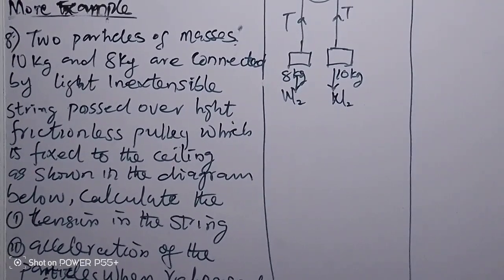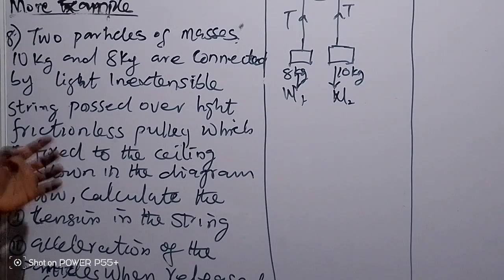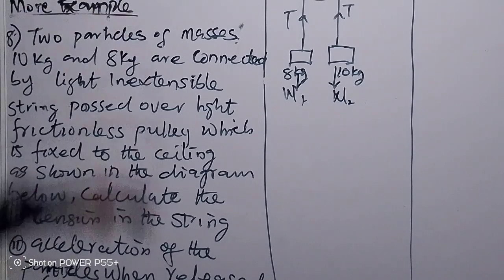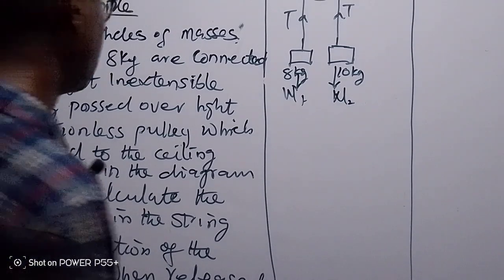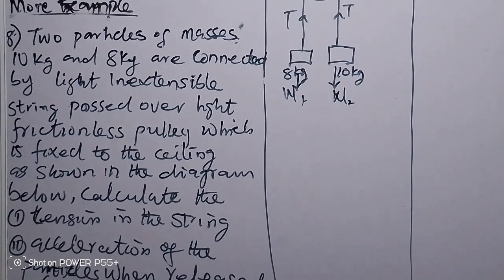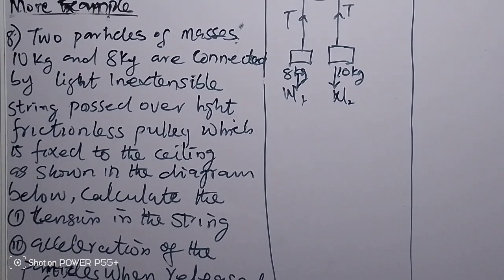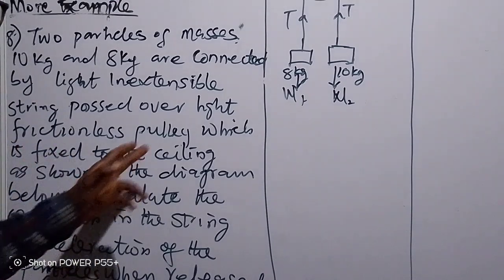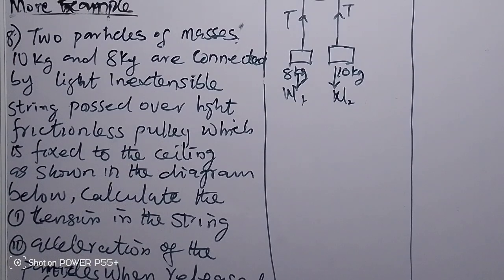Now, let's take this one as example 8. This one will be the last example under coefficients of friction in horizontal plane. Two particles of masses 10 kg and 8 kg are connected by a light inextensible string passing over a light frictionless pulley, which is fixed to the ceiling, as shown in the diagram below.